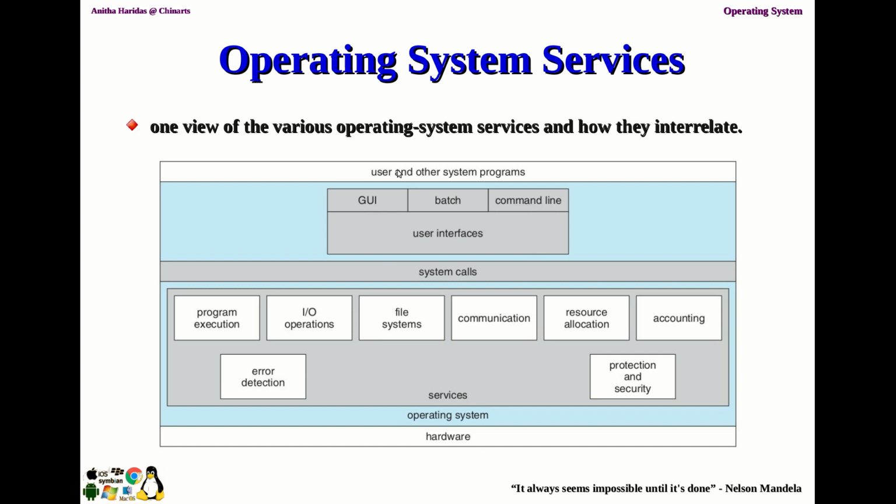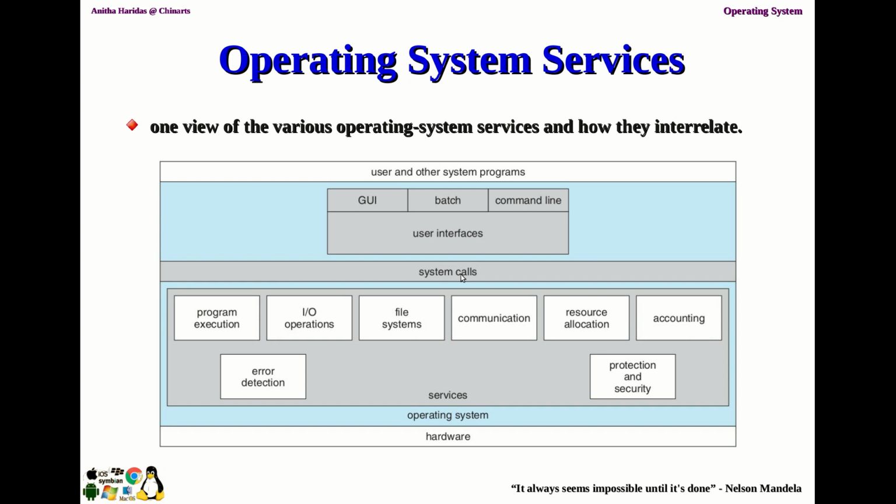You can see here the user and the different system or utility programs will be accessed using the graphical user interface or the command line interface provided by the operating system. And whatever execution statements you have in a user program and system program will get the services of the operating system through this system call.